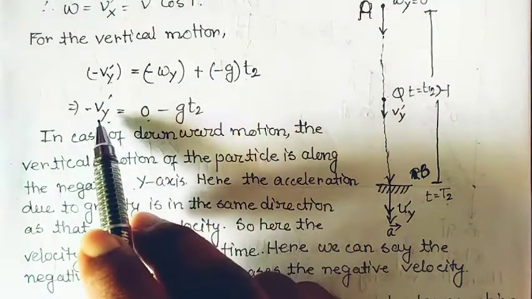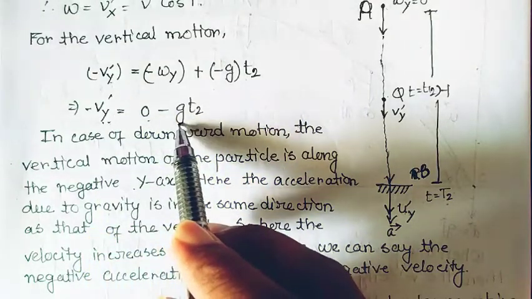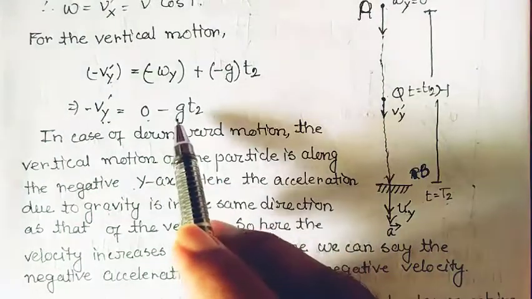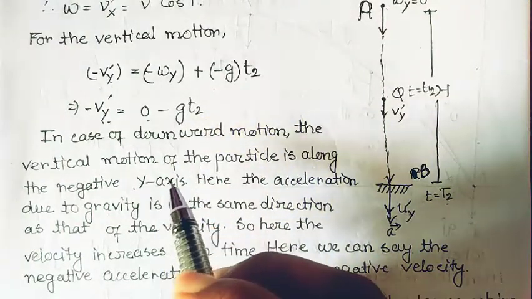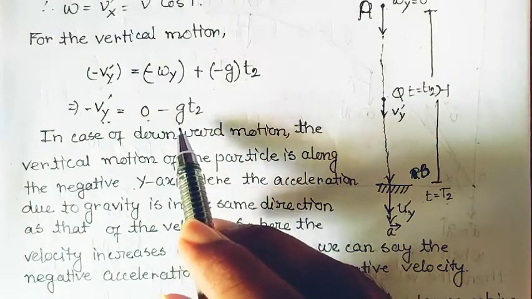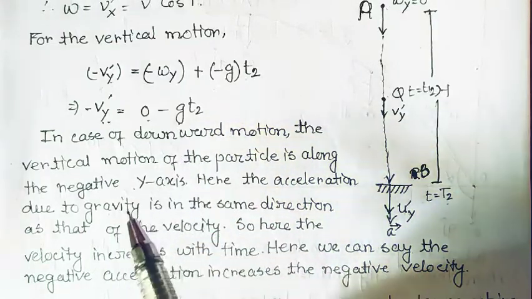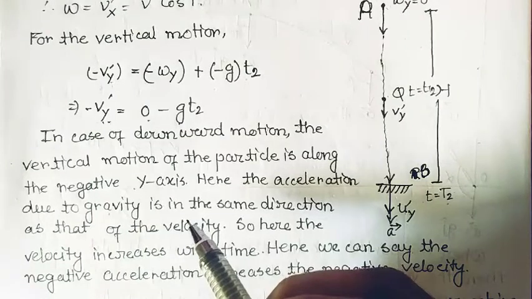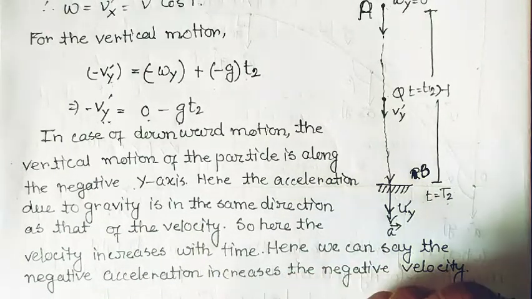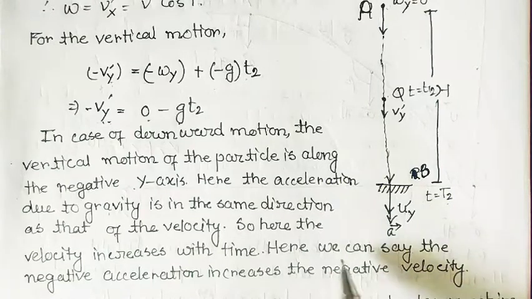Since velocity is negative and acceleration is negative, as the particle comes downward, this g does not act as a retardation; g now acts as an acceleration. We can say in one line that the negative velocity is increased by the negative acceleration.